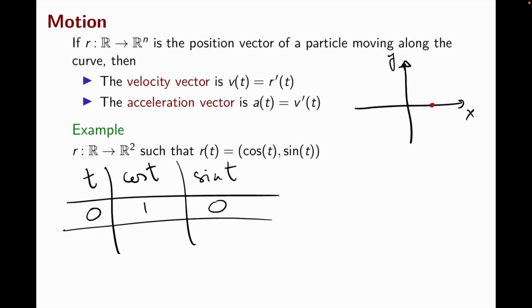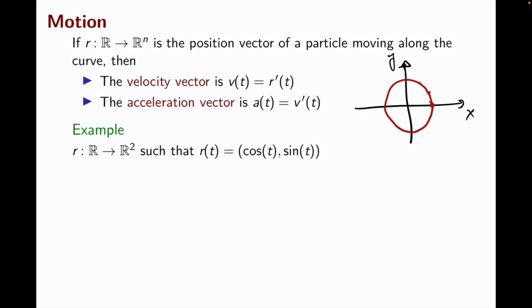And if we continue giving different values, for instance pi over 6, we calculate how much x and y are, and then pi over 4, and we calculate. If we do the whole representation, we will see that this is actually a circle. So this is a curve that we travel in this direction.